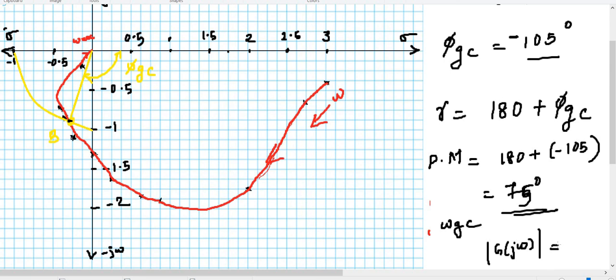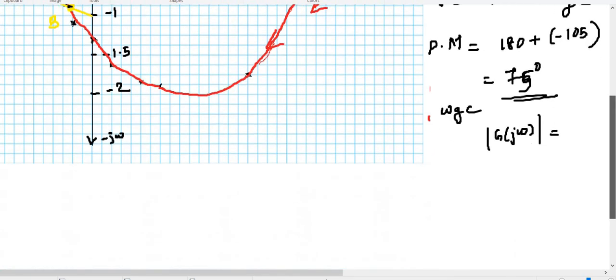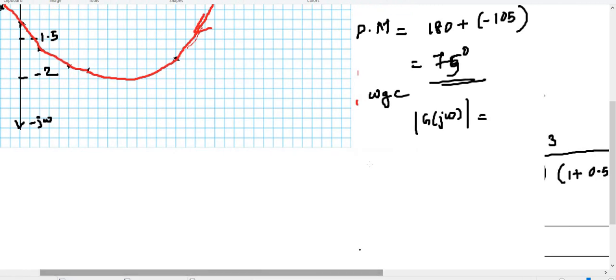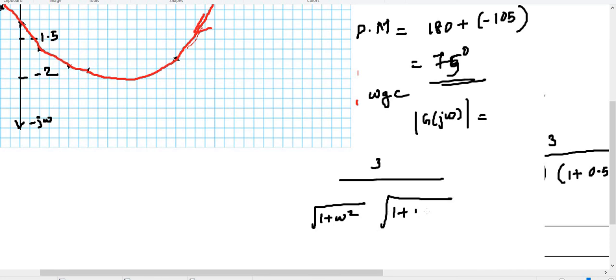We can write the equation of the magnitude as G of j omega equal to 3 divided by the square root of 1 plus omega square into 1 plus 0.5 omega square. At omega GC, the magnitude of G of j omega will be unity.